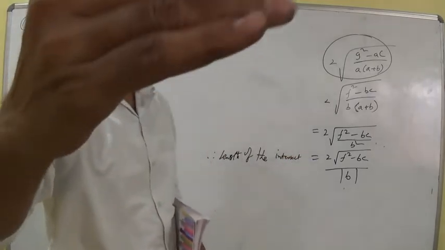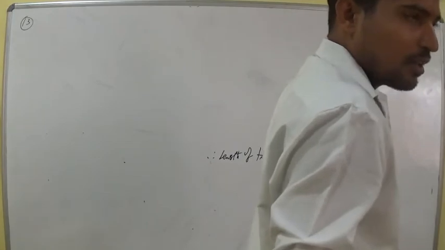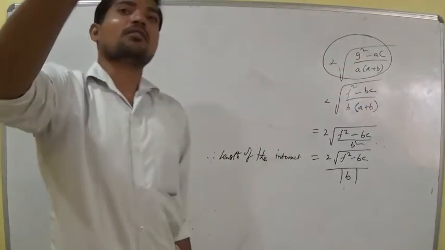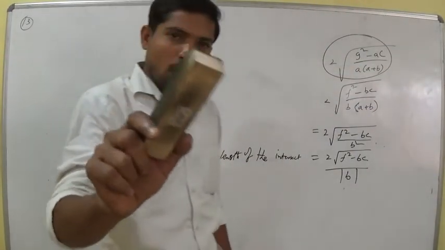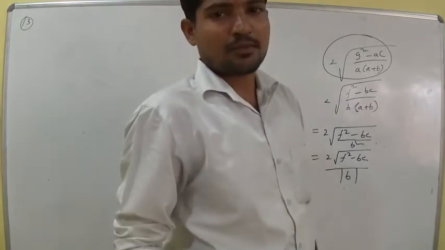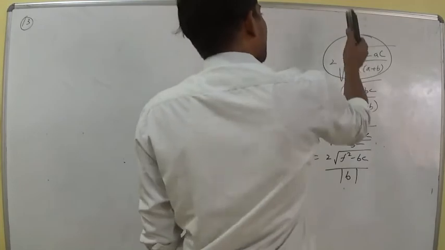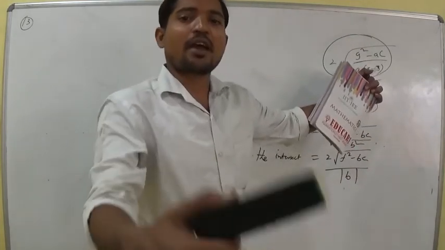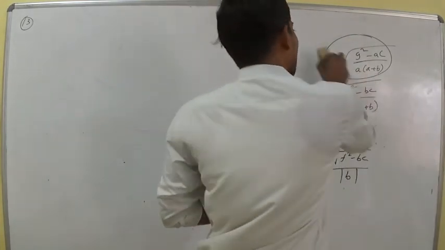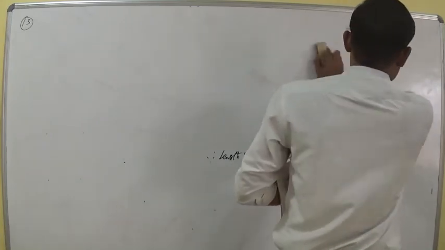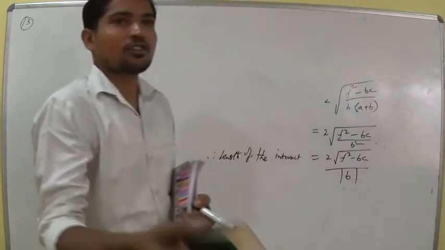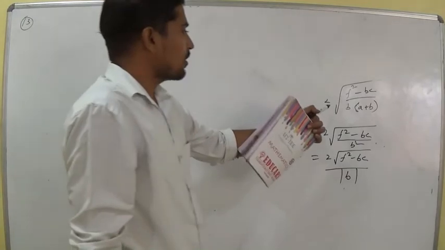Understand? I am explaining again. See, here the point is on the y-axis. When a point is on the y-axis, at that time the x coordinate is 0. X coordinate is 0 means 2gx, g vanished, and ax square, a also vanished. So which is useless. We have to take the second one.